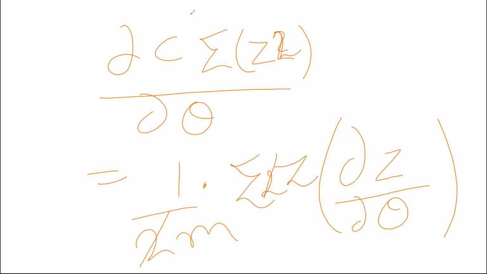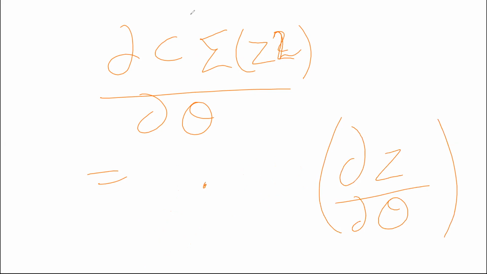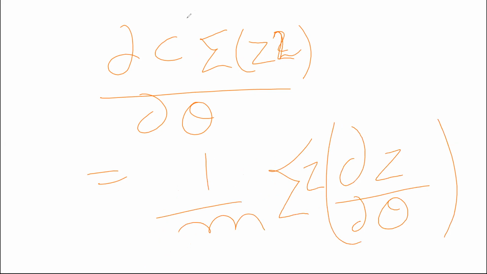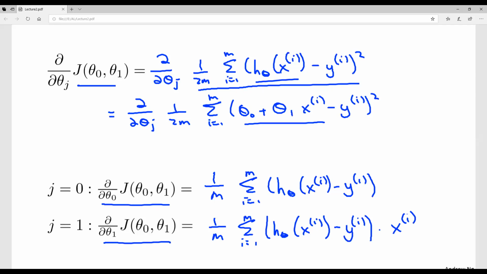So now you will have z upon m summation of this function, and because z is inside the summation, it will stay inside. So same thing is done there. This is how we are getting m. Understood?